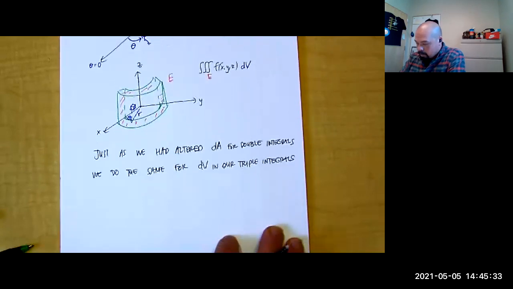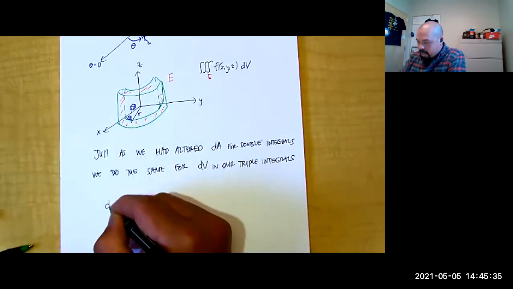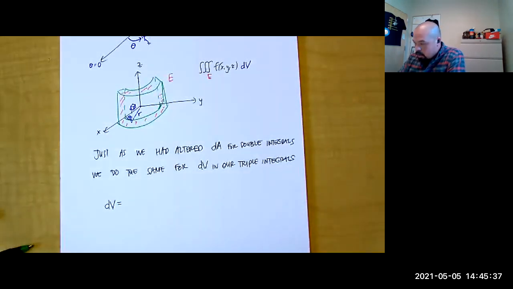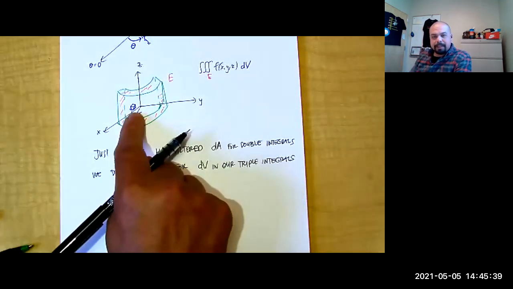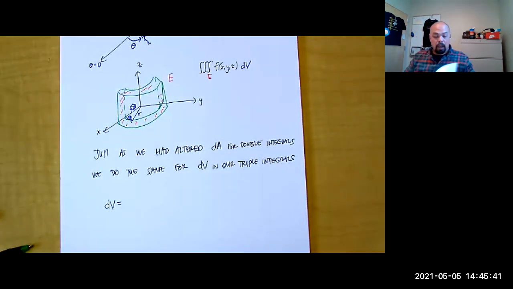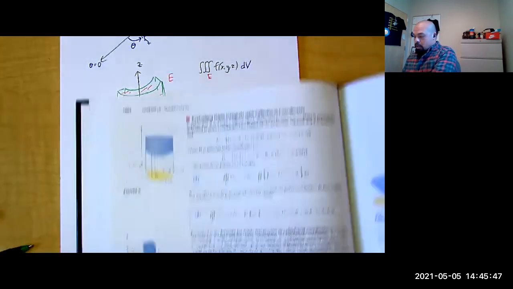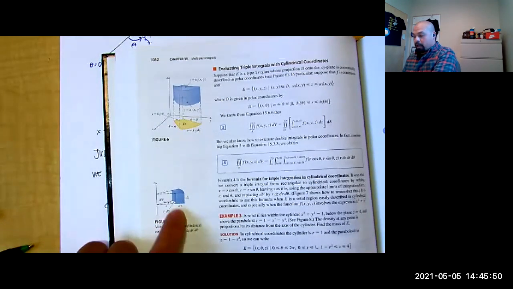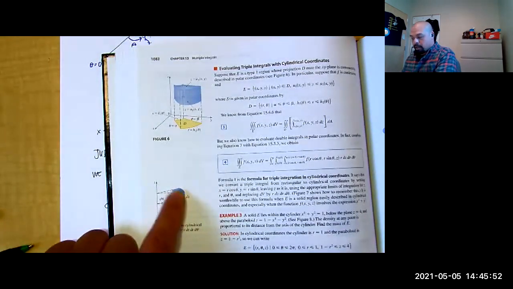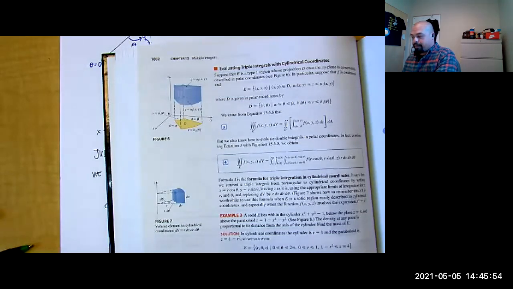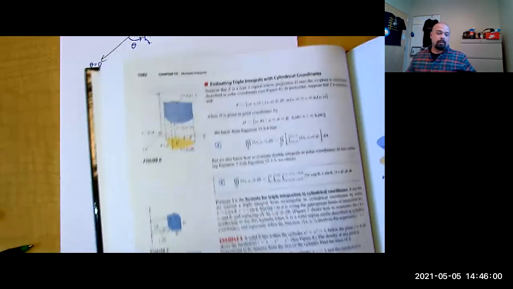Okay, and so thinking about that little block of volume, now with this space, I know it might be a little bit tedious to see. I think the textbook has a good image. This is on page 1082. Now our little block of volume, notice there's a little bit of arc to it, sweeping through that space. It's not just a rectangular prism, it has a little bit of arc to it. And that's just like we did in polar form.